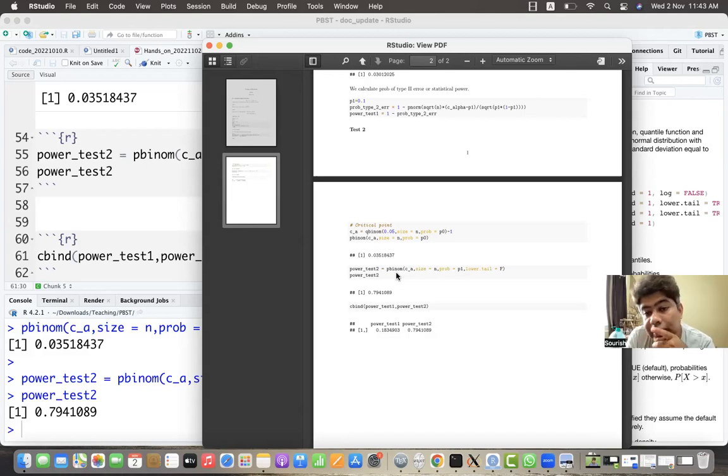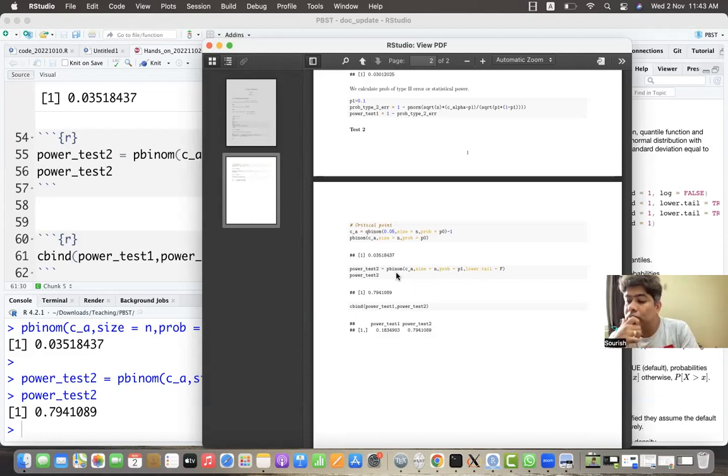That's all I am calculating, right? Yeah, and that is type 2 error. Oh, yes, yes. This is type 2 error.